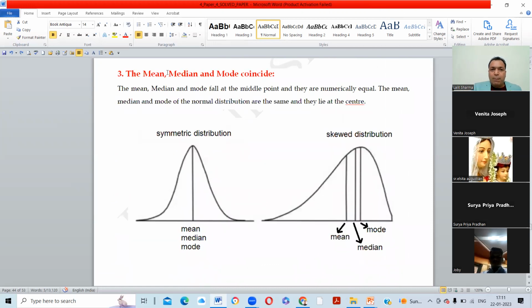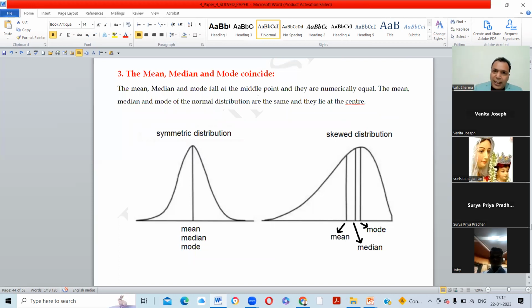Now next, mean, median, mode coincide. Third characteristic: mean, median, mode coincide. Mean, median, mode fall on the same line. This is called symmetric distribution. On the right side, see on your screen, where mean, mode and median lie at different points.